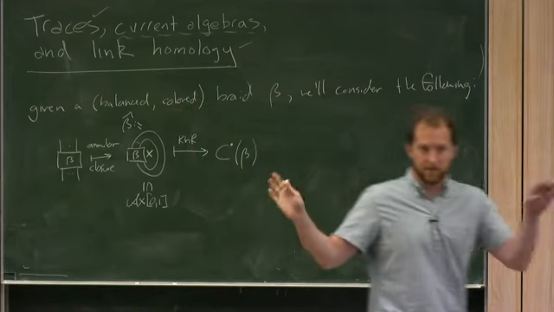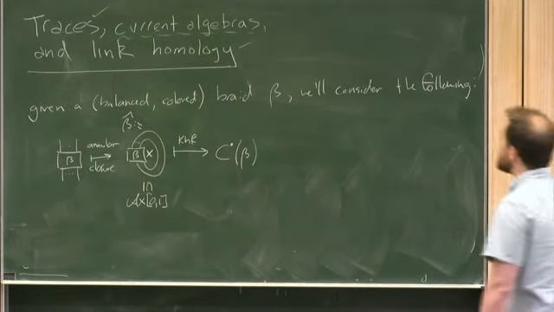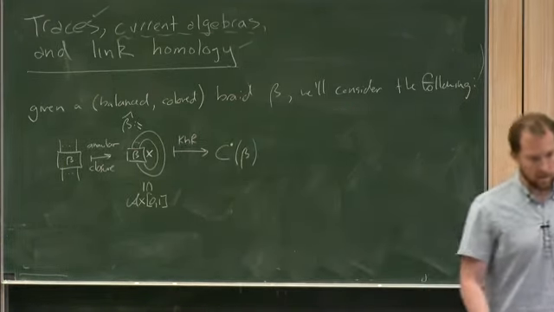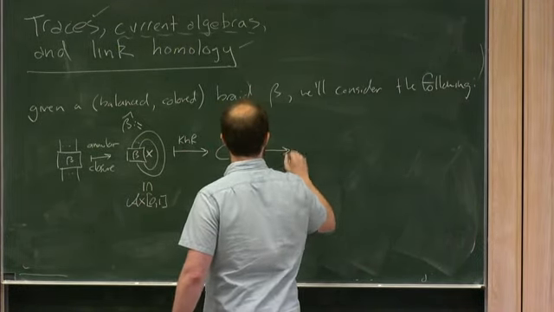Again, I'll be talking about the details of all of these steps. Just here's the overview. Again, some sort of standard thing that you would do if you're constructing a link homology theory. Here's where maybe all of the exciting bit happens.